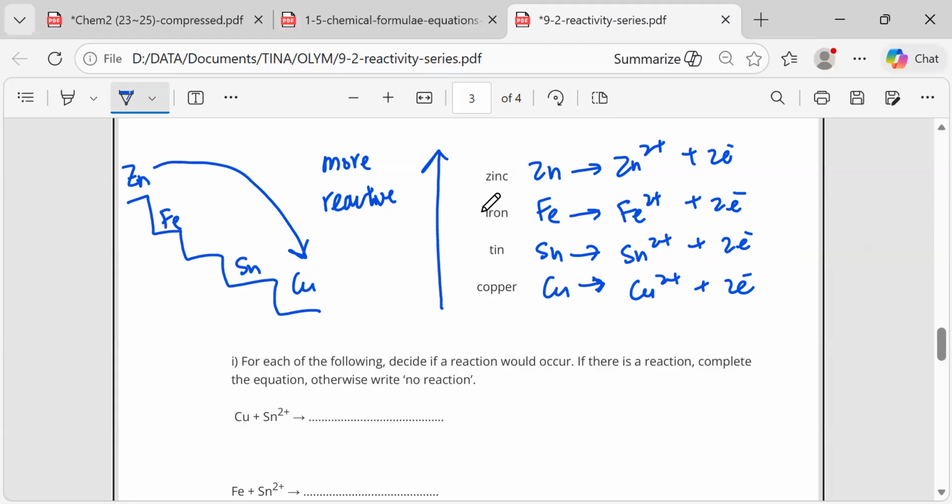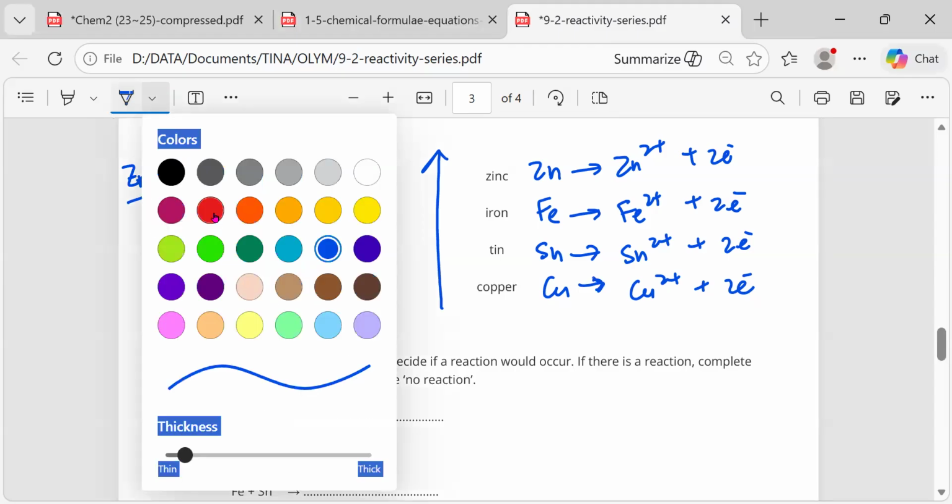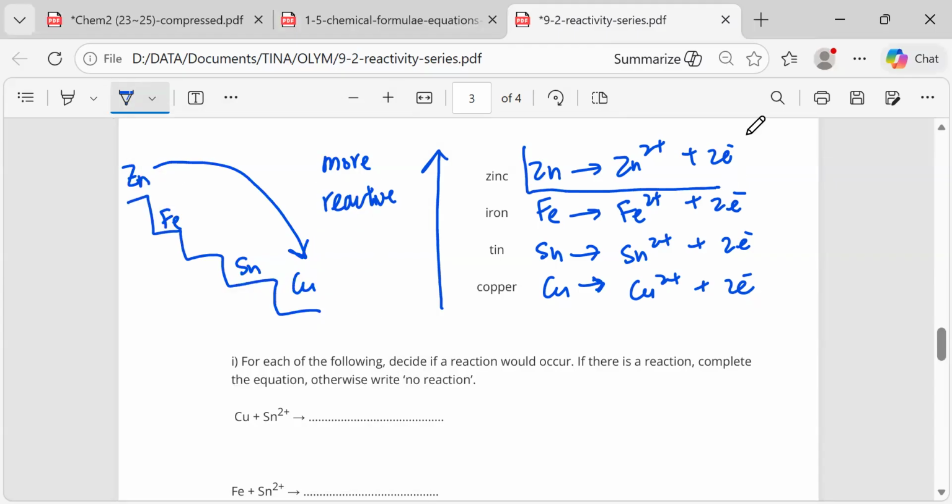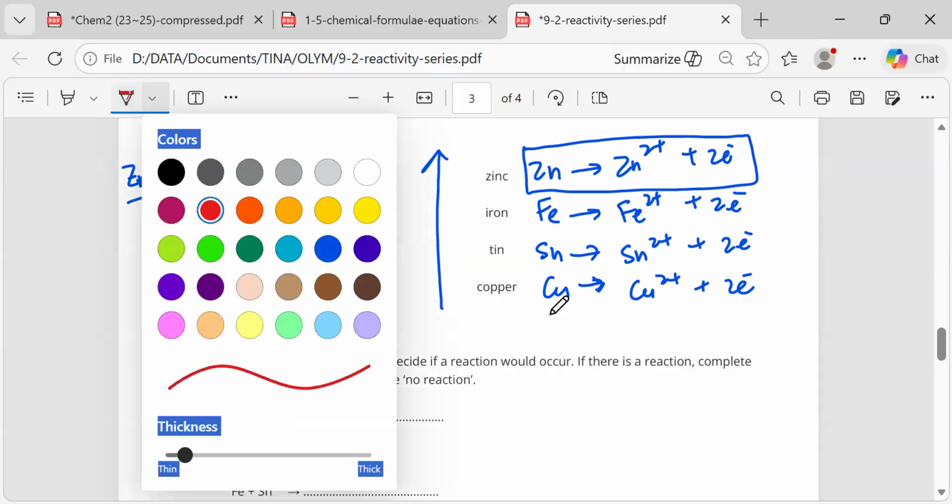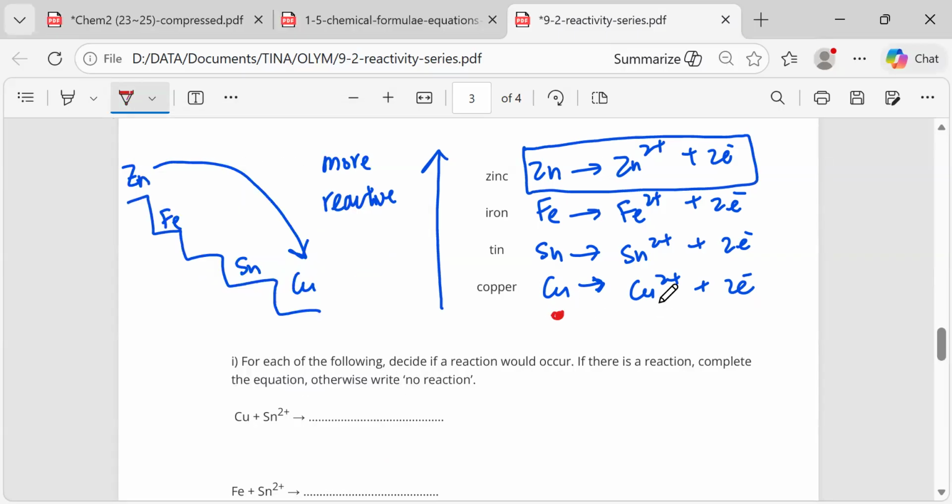If zinc wants to give to copper, this equation happens for zinc. Copper, if copper wants to react, should it be copper metal that catches the electron, or copper ion? Copper ion. Ion means I have no electron, I catch yours.